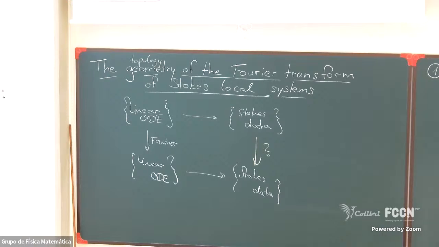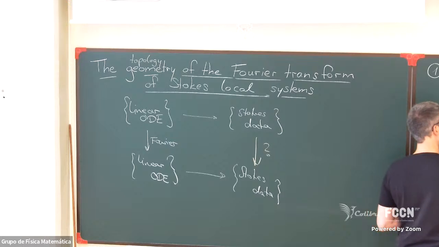So the Riemann-Hilbert correspondence for regular singularities, which I will attribute to Deligne. So if X is a complex manifold and D is a divisor, then we have the following equivalence.